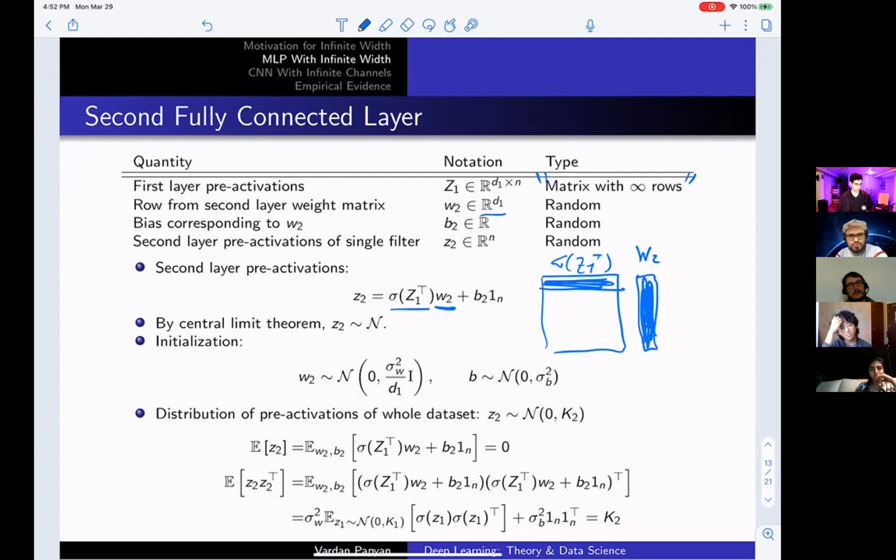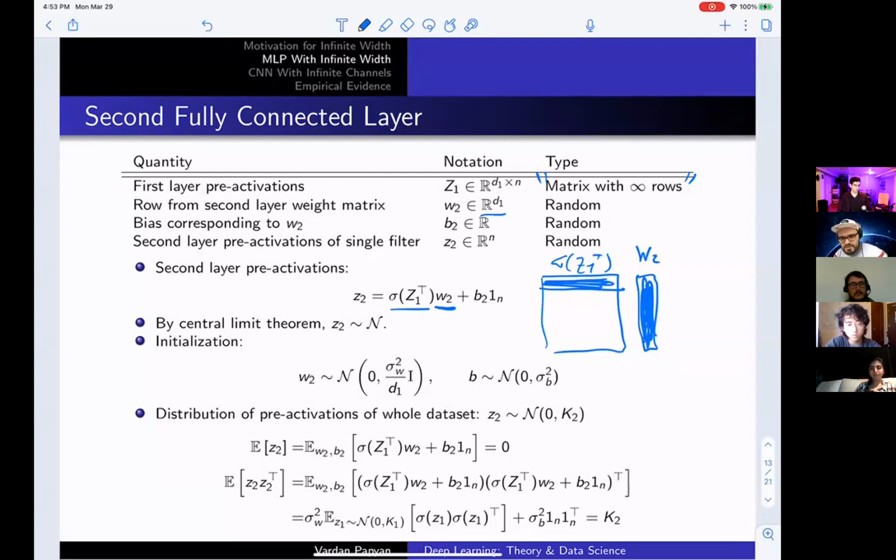Let me quote to you the central limit theorem. I have it in front of me. So it says the following. In probability theory, the central limit theorem establishes that in many situations, when independent random variables are added, then their sum tends towards a normal distribution, even if the original variables themselves are not normally distributed.